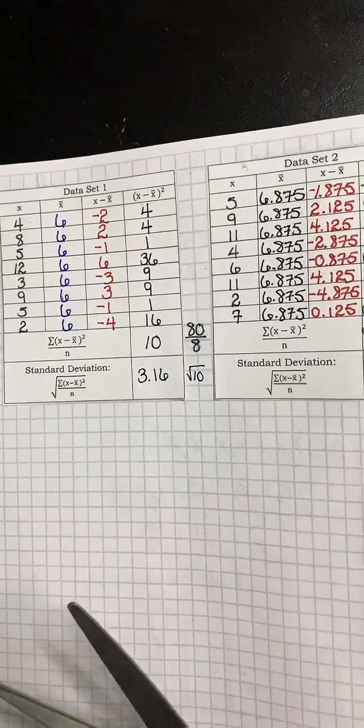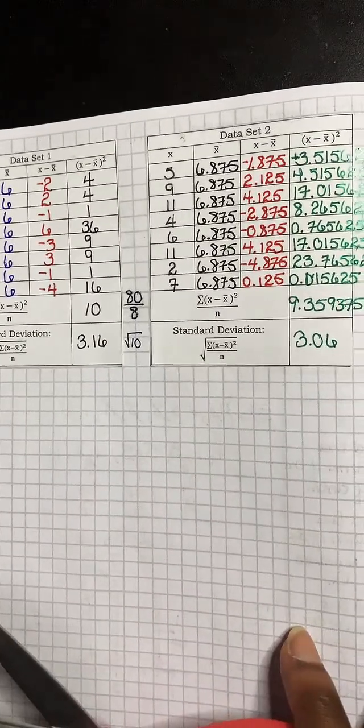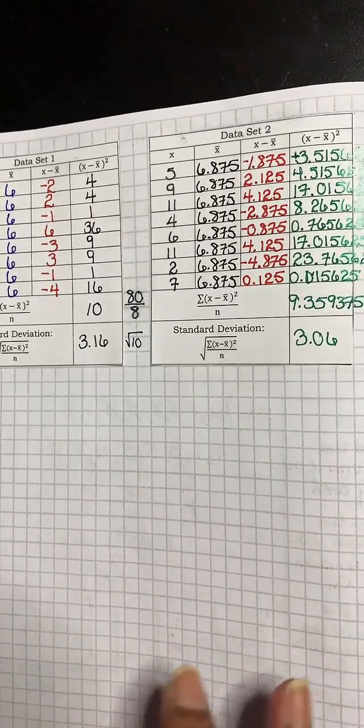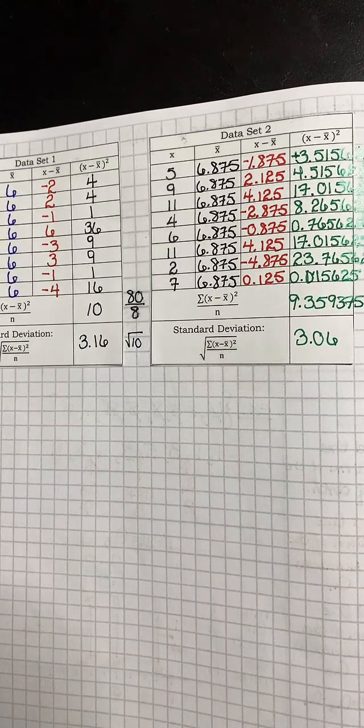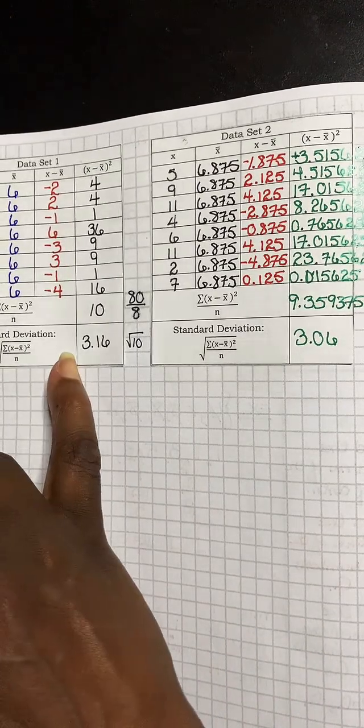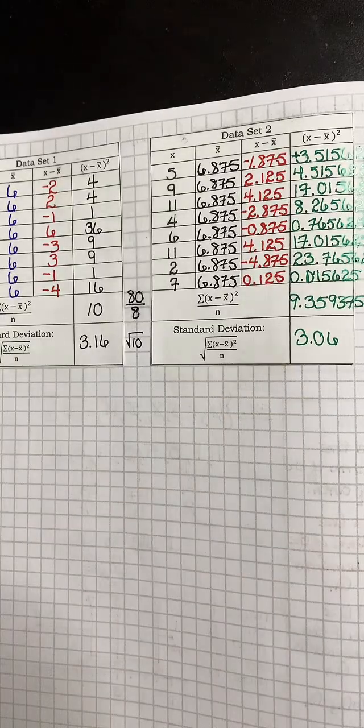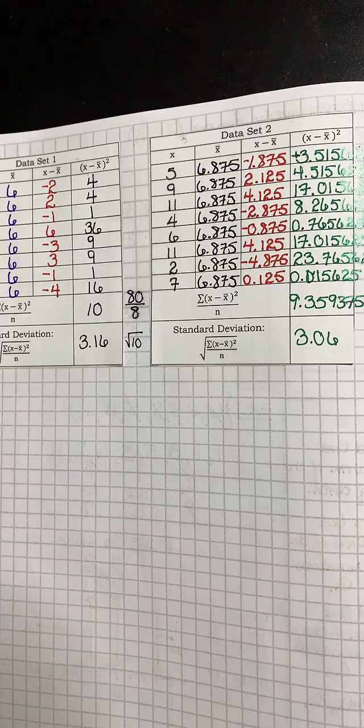All right, so let me. Oh, and here's one thing I totally forgot. Which one had the greater standard deviation? Was it data set 1 or data set 2? That was the one thing I forgot to ask you guys. Which one had the greater standard deviation?